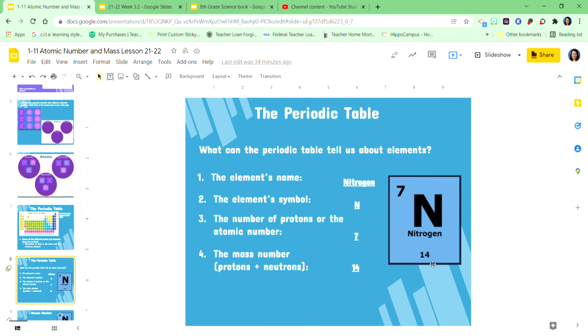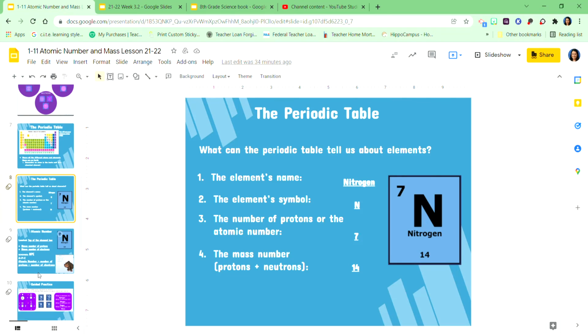And then the mass number is always at the bottom, and that is just the protons and neutrons added together. So if it's 14 and 7 of them are protons, that means 7 of them are also neutrons. And we'll learn how to calculate that later on. This is just what one box can tell you right away.